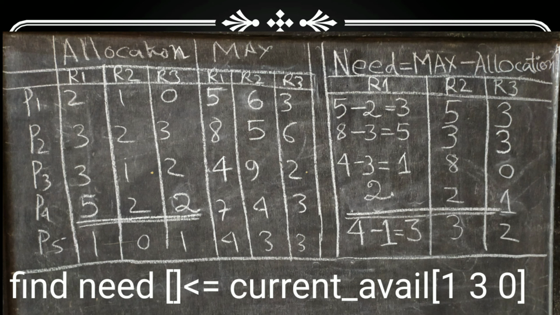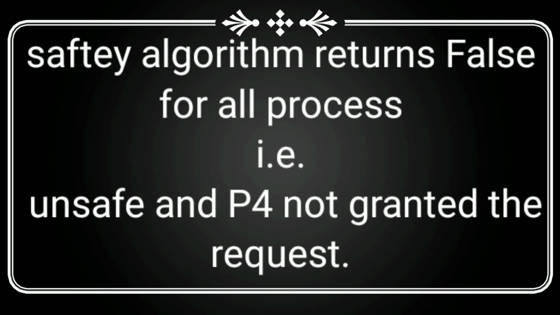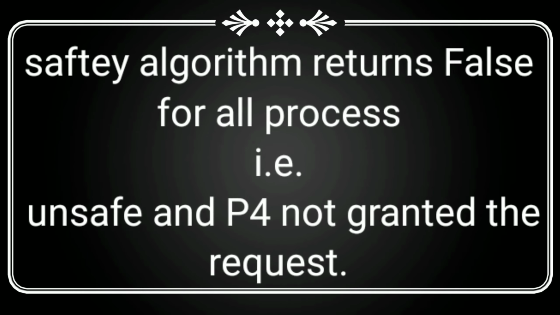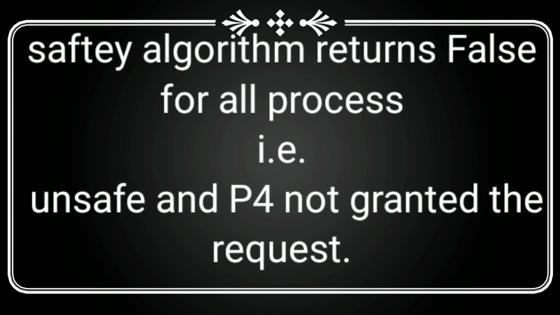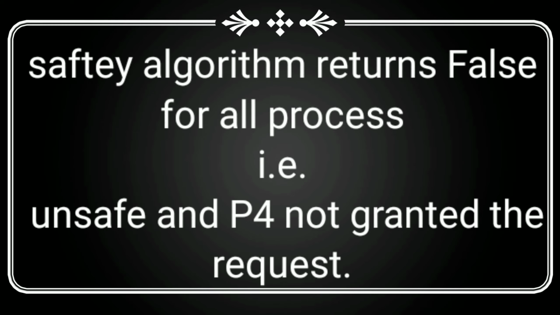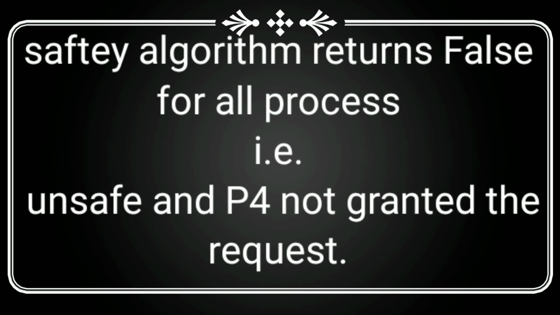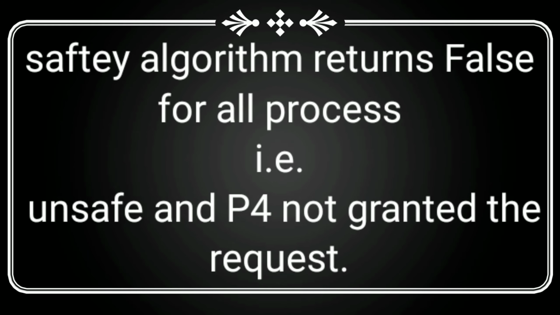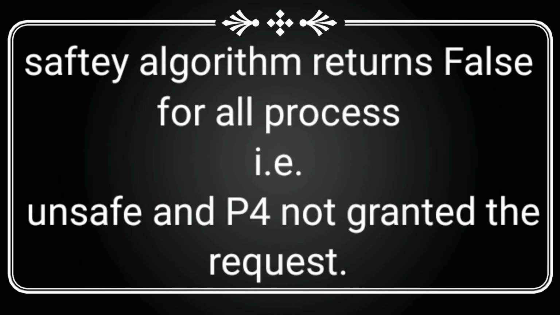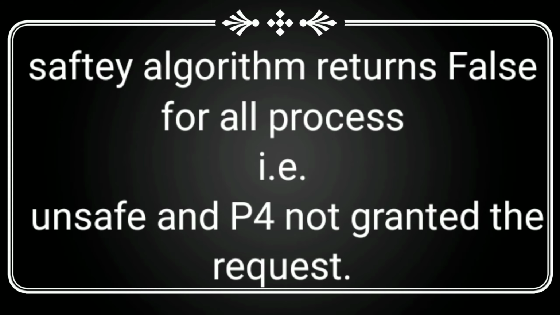Now look carefully: the current available is 130, but here we can see that no need is satisfied by this availability. So the safety algorithm returns false for all processes, that is, unsafe, and P4's request is not granted. If we allowed P4, we would be in a deadlock state. So this is our explanation of the resource request algorithm.